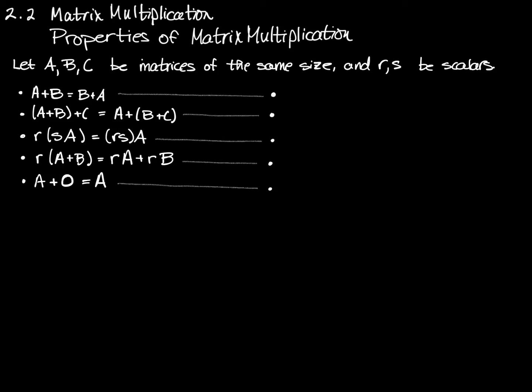So the first property I want to talk about, though, is that if you have three matrices, for matrix multiplication, they just need to be the appropriate size, right? They may actually be different sizes. With addition, we had to have the same size. Appropriate for multiplication.